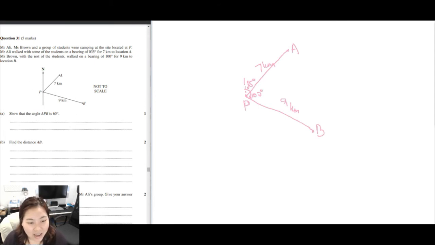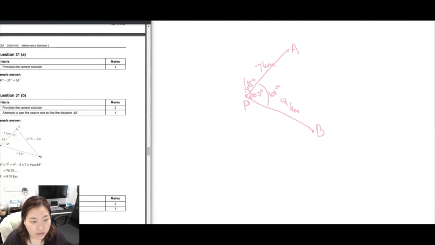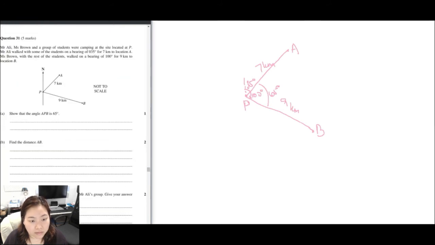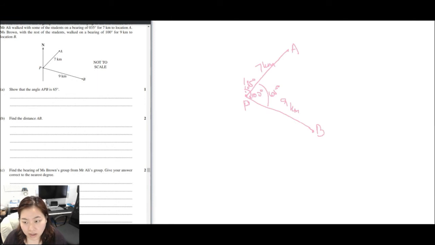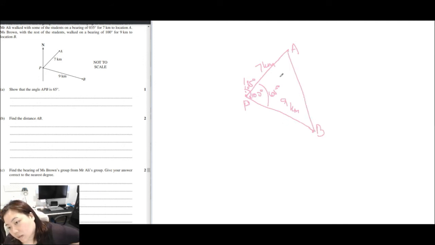Show that the angle APB is 65 degrees. Oh, that's easy. That's just 100 degrees minus 35 degrees, and that's 65 degrees. Cool. Let's check it. 100 minus 35, 65. Find the distance of AB. That is going to be the cos rule.